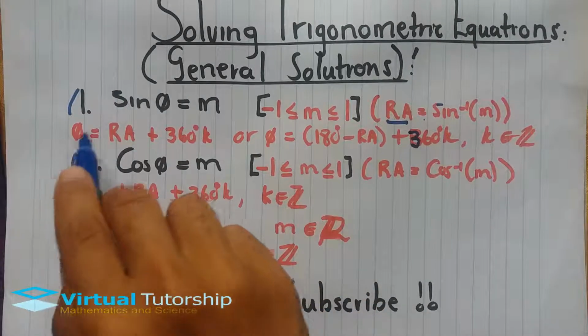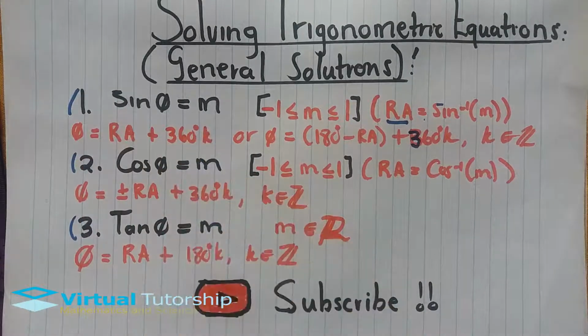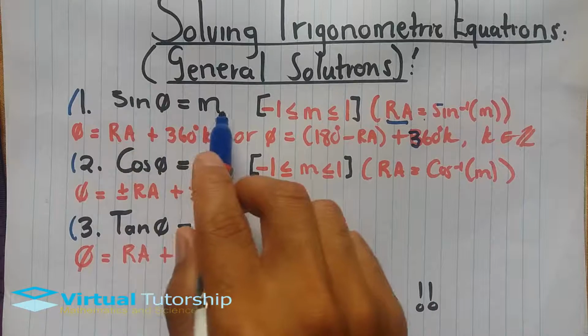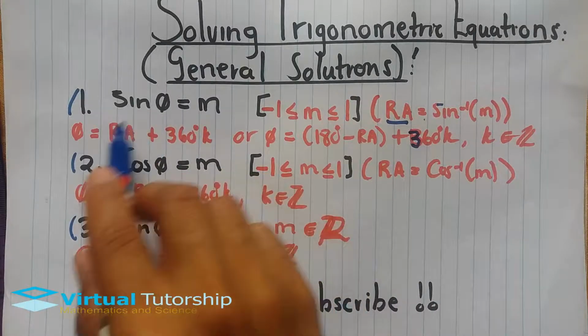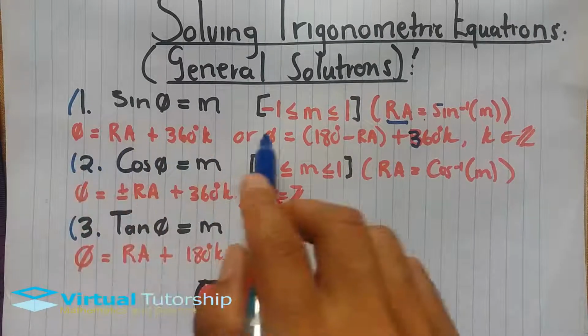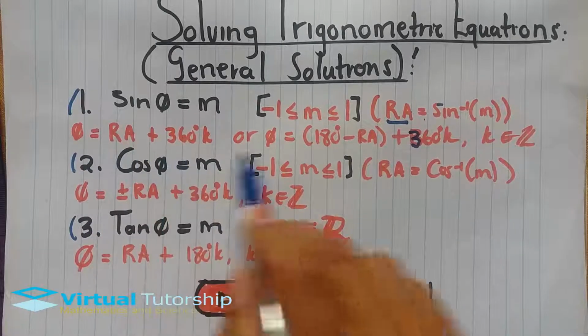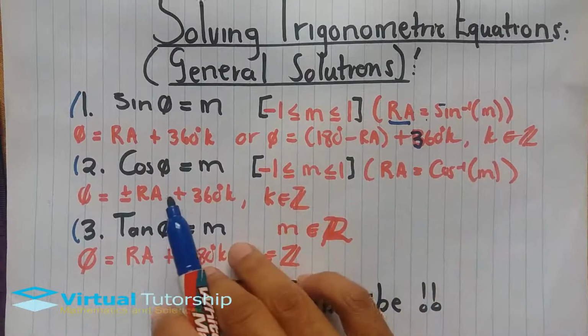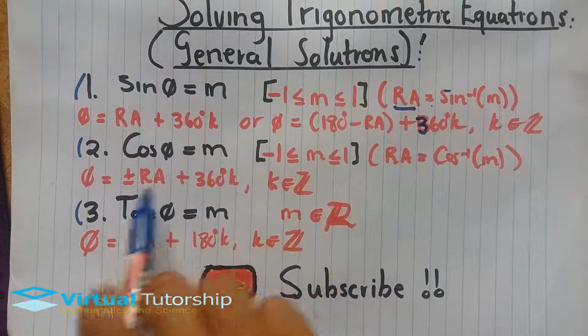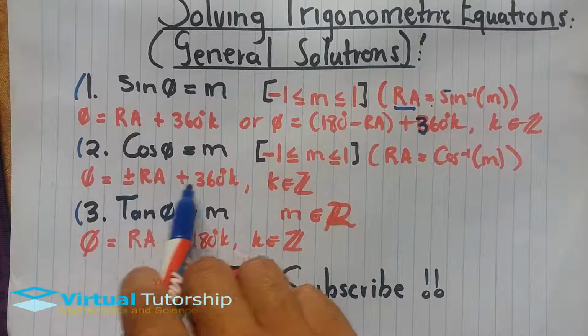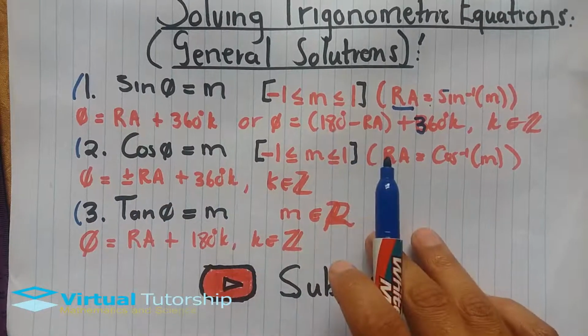Okay? So after solving, the sine function will have two sets of solutions, one being this one, the second one being that one. And then for the cosine function, it's plus or minus the reference angle plus 360 times k.